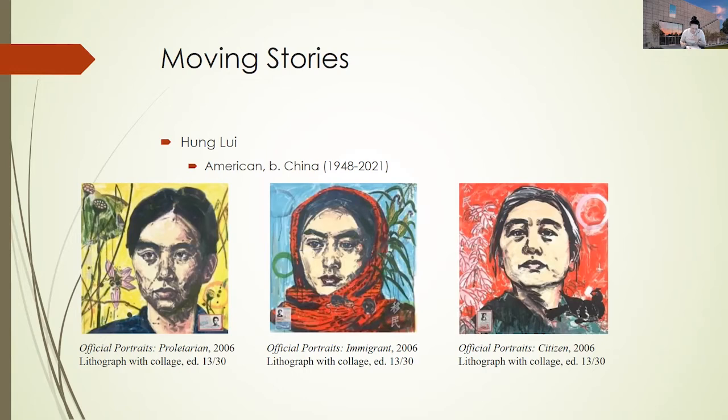As a re-educated youth forced to perform backbreaking labor, as an immigrant in a new country, and as a global citizen who finally acquired a full set of rights. And so the IDs in these bottom corners represent those different stages of life as well, not just the portrait.